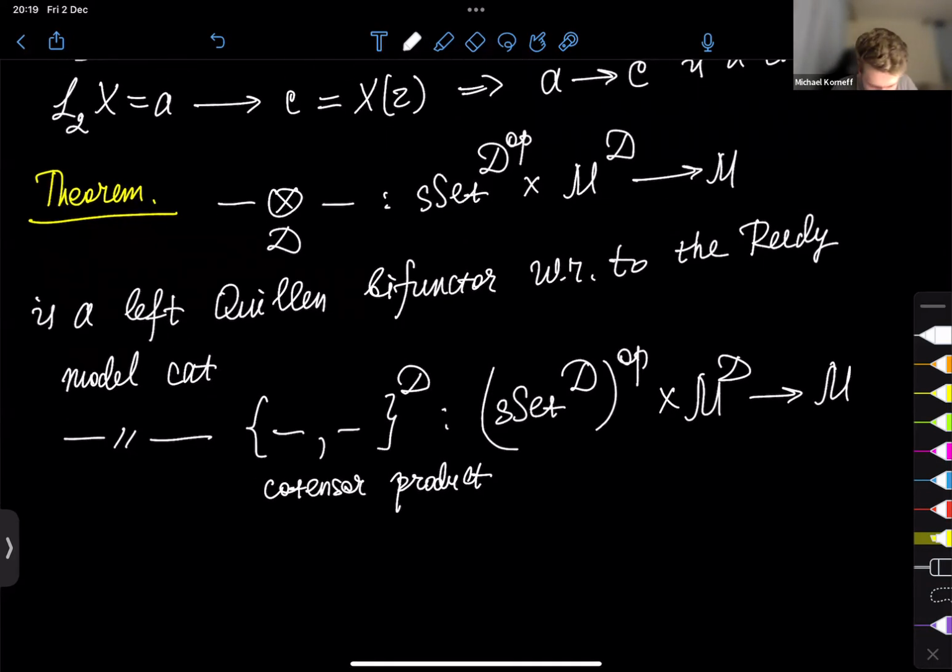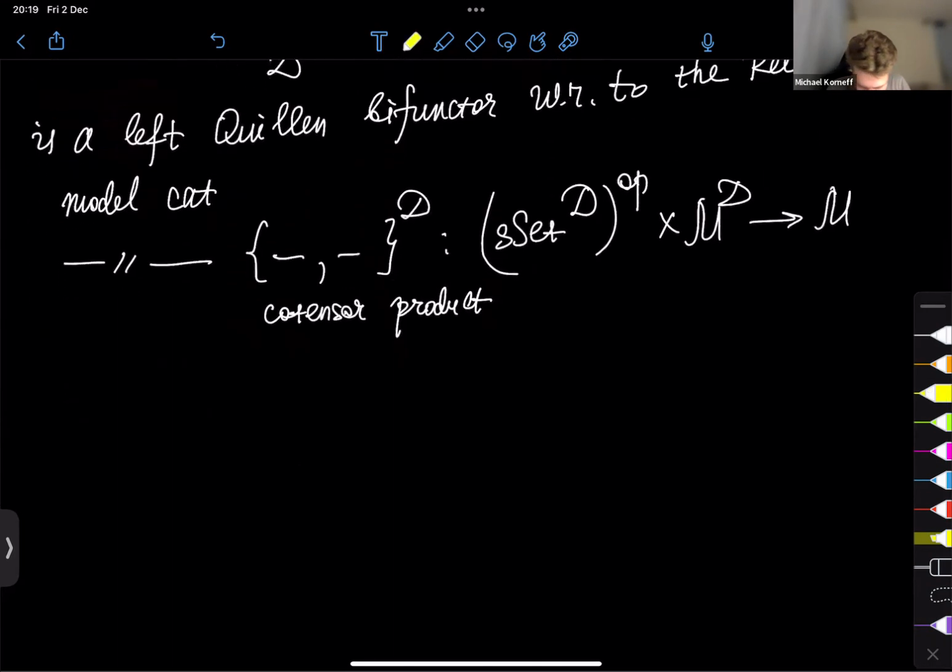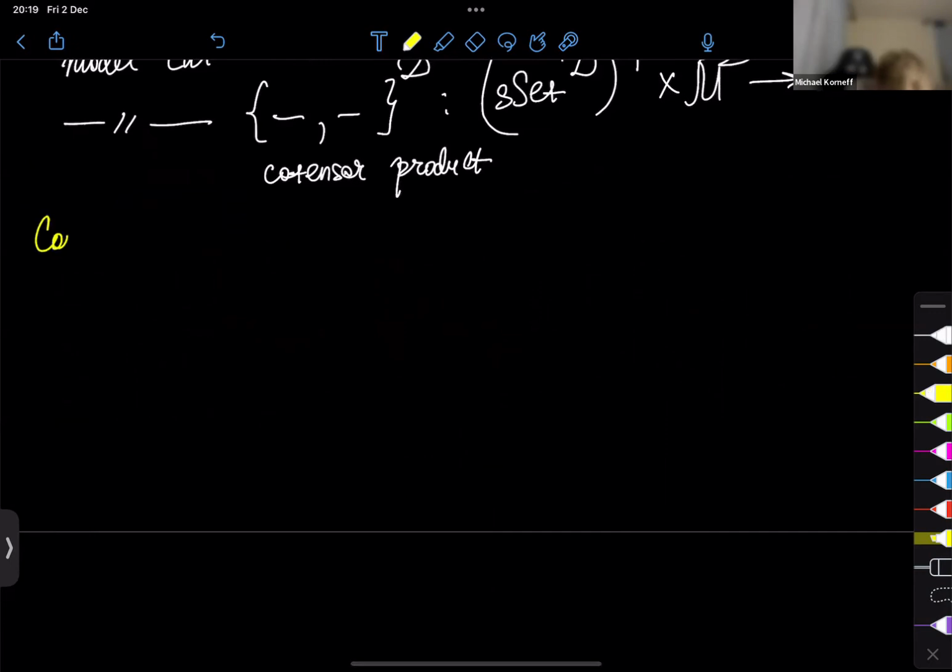And from this theorem follows the following corollary. Suppose that we have a morphism between the push-out diagrams.